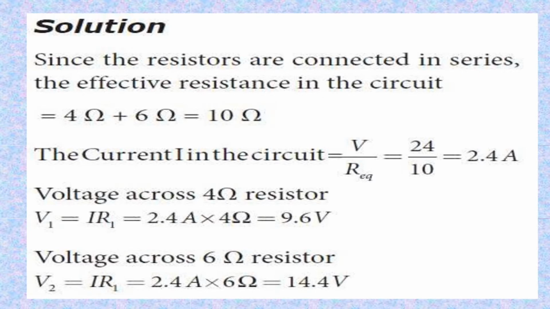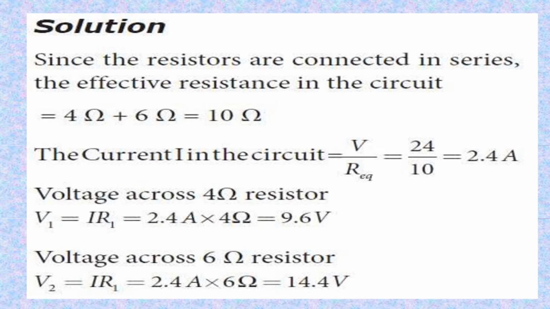Since the resistors are connected in series, the effective resistance in the circuit will be equal to 4 ohms plus 6 ohms. That would be equal to 10 ohms. Or we can say that this is the equivalent resistance of R1 and R2, which is equal to 10 ohms.